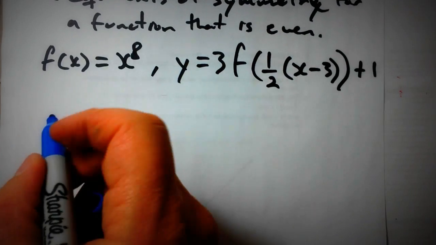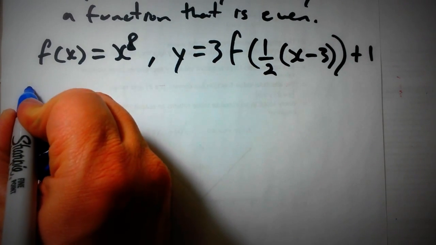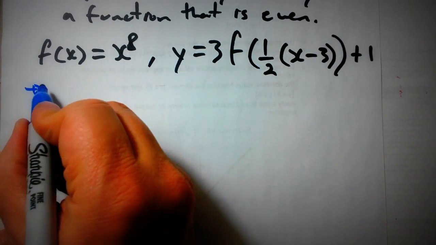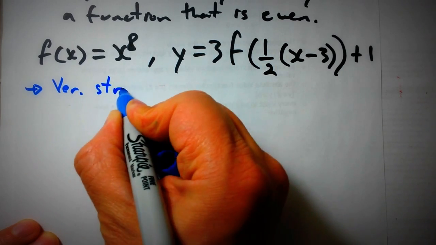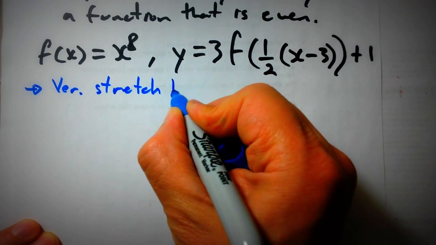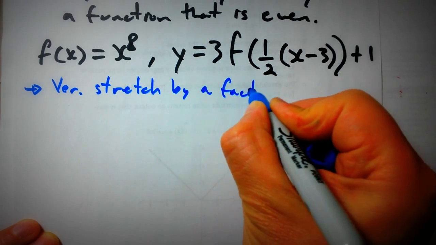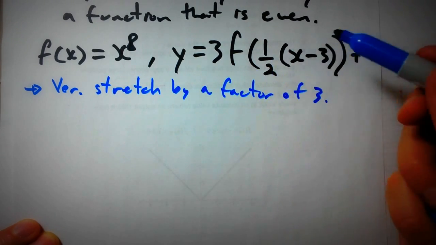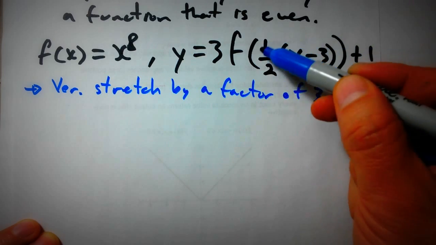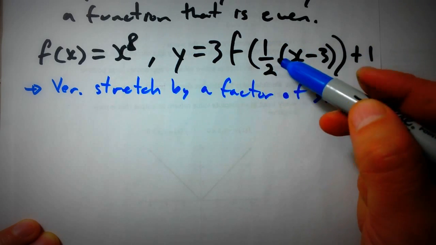What type of transformation is happening to this? So first we know that there is a vertical stretch by a factor of 3. There's also a horizontal stretch by a factor of 1 over k.